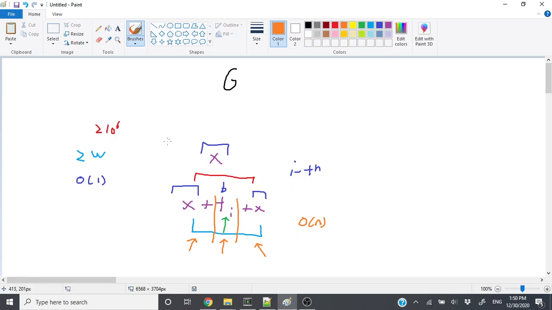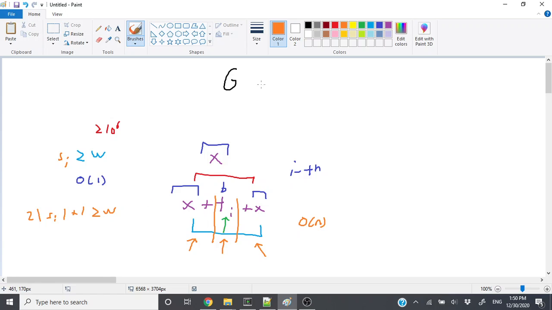And then we guarantee that the length of si isn't that much bigger than w, because it's the smallest string in the process that's bigger than w.